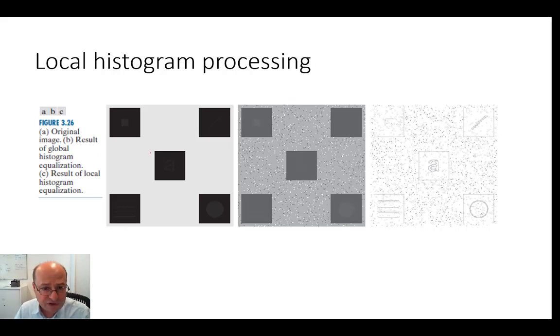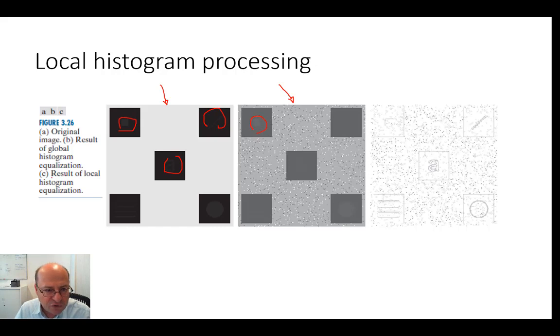So we have an original image, that's this one. And this is the result of applying global histogram equalization. Not very good. You sort of see that there is some information here, but we cannot really see it. Applying global histogram equalization, we see even less.